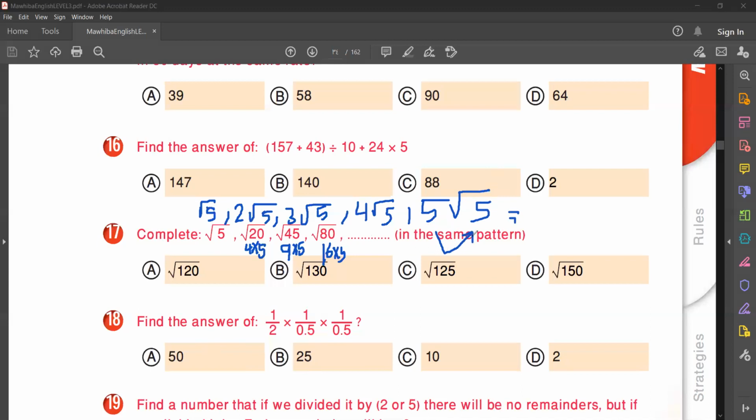If you put the 5 inside, that's 5 squared. 5 squared is 25. So 25 times 5. What is the answer? It is square root of 125.